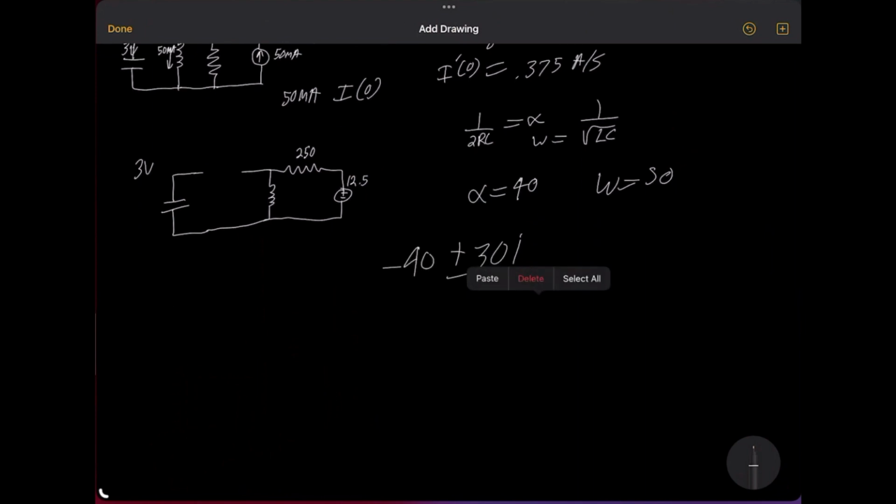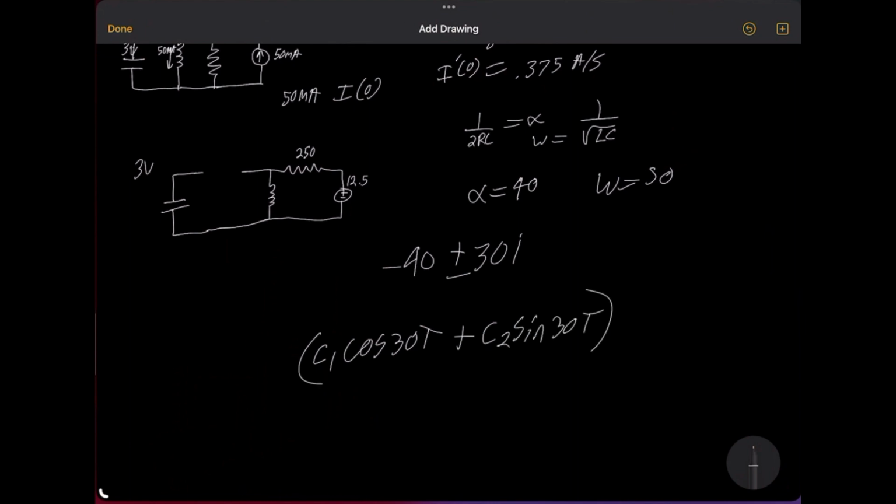Okay, so our setup's going to be C1 cosine of 30t plus C2 sine of 30t, times e to the negative 40t. Need to find our C1 and C2. So at t equal to 0, cosine will be 1.